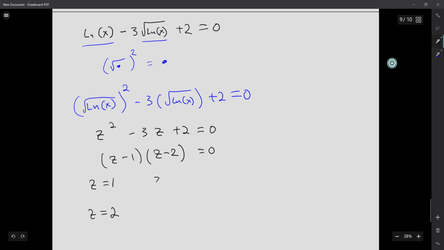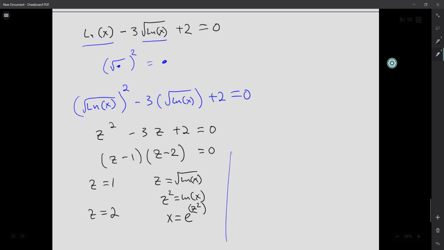But z is equal to the square root of the natural log of x, which means z squared equals natural log of x, which means that x equals e to the z squared. Put the parentheses there so we don't confuse it for a different form. Which means my two answers are x equals e to the power of 1 and x equals e to the power of 4, which is 2 squared.